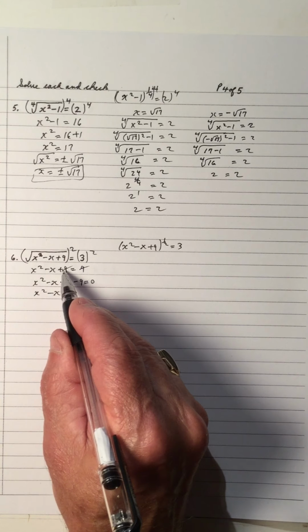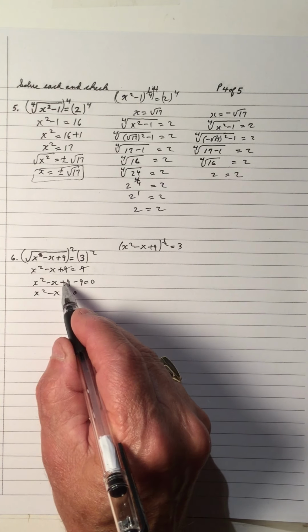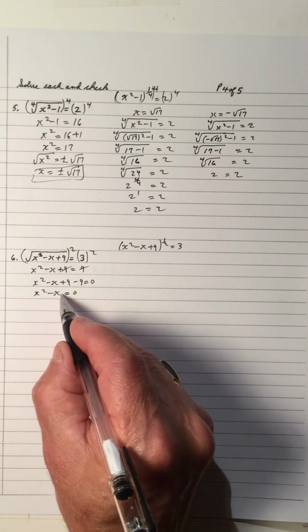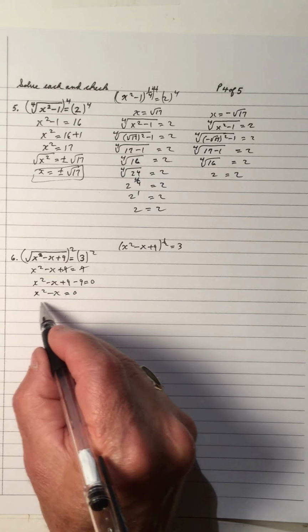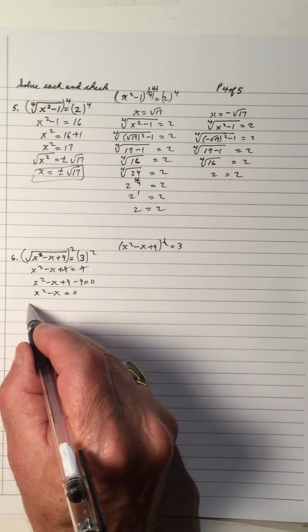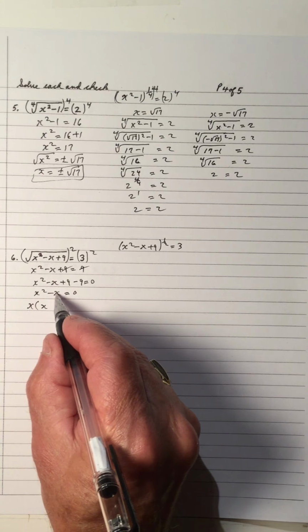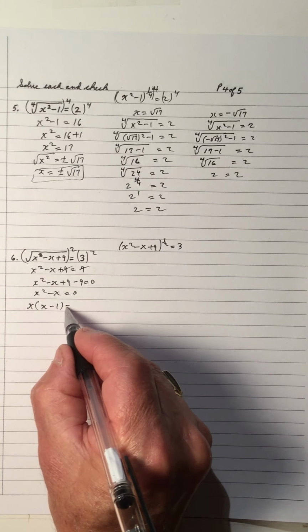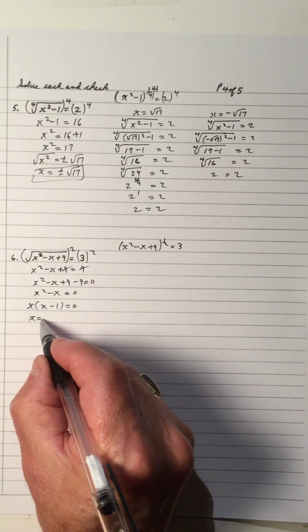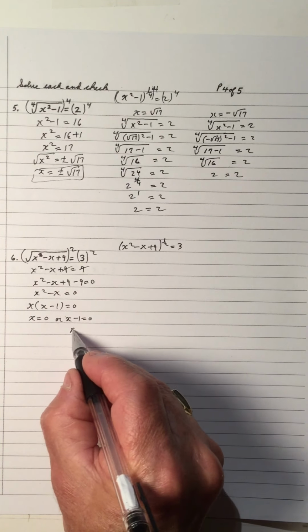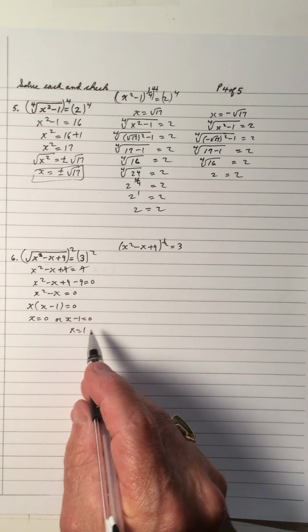But if you bring your 9 over, like I did here, then 9 minus 9 is 0. So there, I didn't put that 0 in. Now I've got a quadratic. X is the GCF. Take x out. X squared divided by x is x. X divided by x is 1. So I get x equals 0, or x minus 1 equals 0. So x is 0 or x is 1.